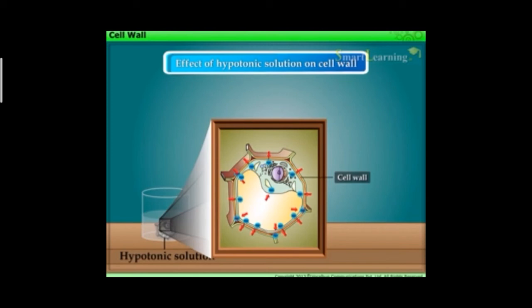At the same time, the wall exerts an equal pressure against the swollen cell. Here, the cell wall acts as a pressure vessel, preventing overexpansion when water enters the cell. So, the cell will not burst.